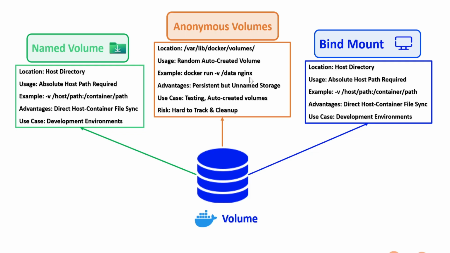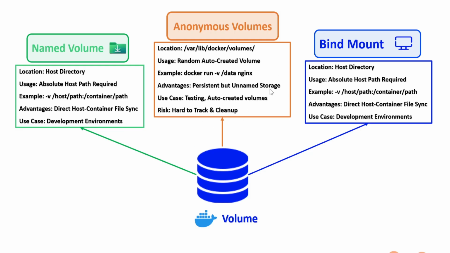The anonymous volume is what? On your local device, your computer, you create one directory, and that directory you bind with the container path. But this is unnamed storage. You are not going to give any name, Docker will create a name. You will give the path like this, and these are called unnamed storage.